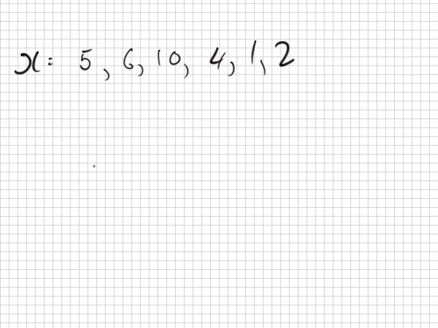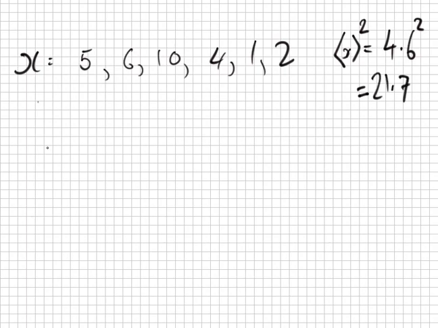Now let's calculate it. First we get the average of these numbers. Are you sure now? Yes. Okay. So the average squared is 4.6 squared, which is 21.7.